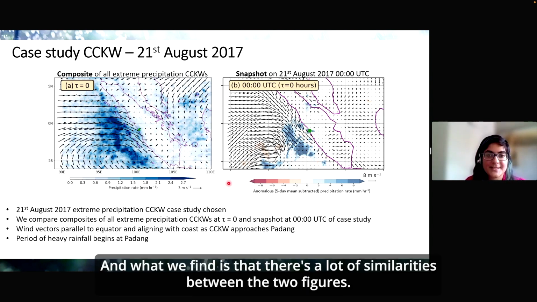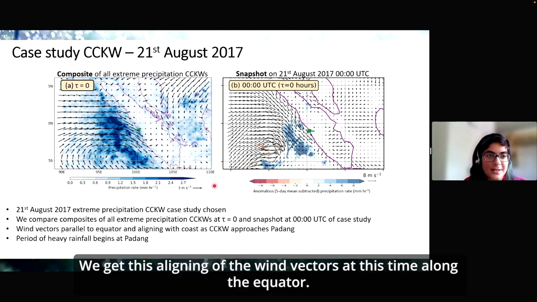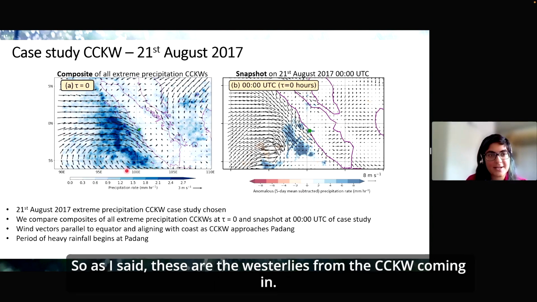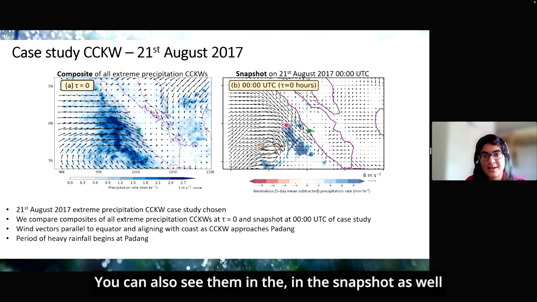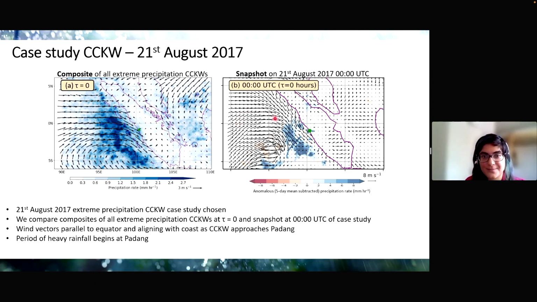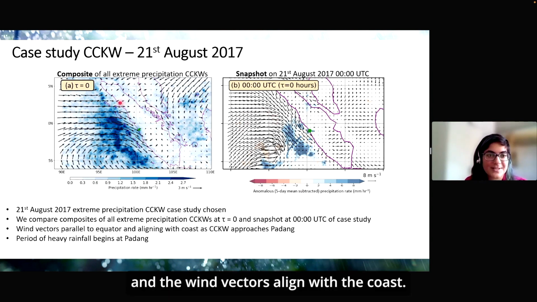And what we find is that there's a lot of similarities between the two figures. We get this aligning of the wind vectors at this time along the equator. These are the westerlies from the CCKW coming in. You can also see them in the snapshot as well. And the wind vectors align with the coast.